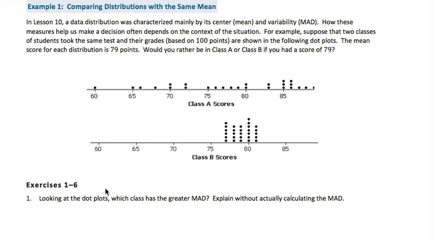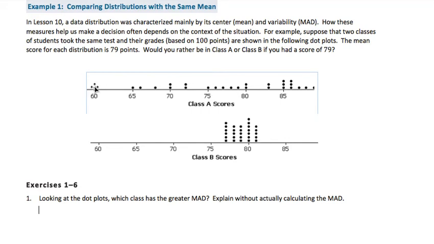Looking at the dot plots, which class has the greater mean absolute deviation? And explain that without actually calculating the mean absolute deviation. Well, recall that the mean absolute deviation is the average of all of the absolute values of the deviations for these values from the mean.